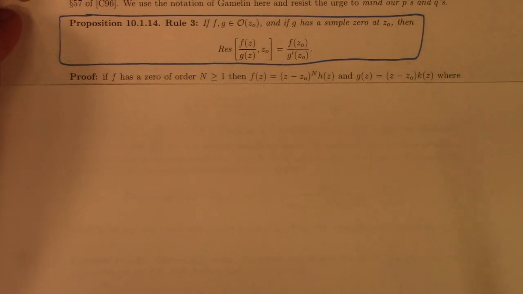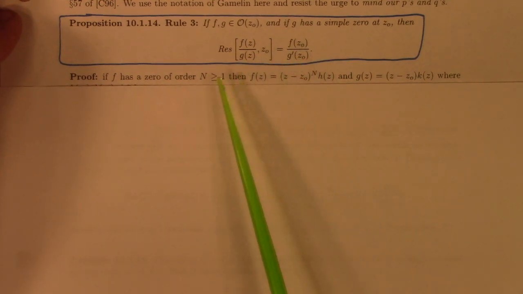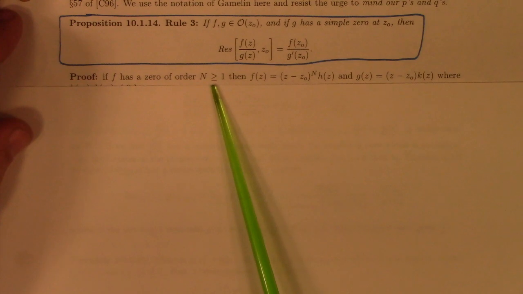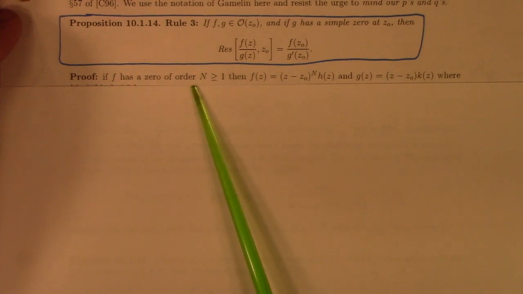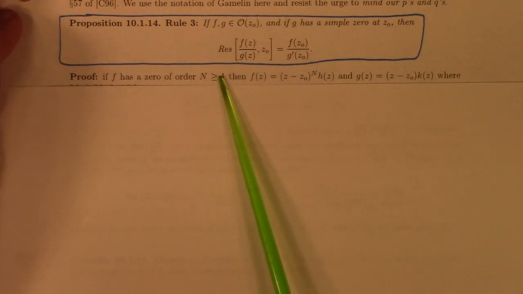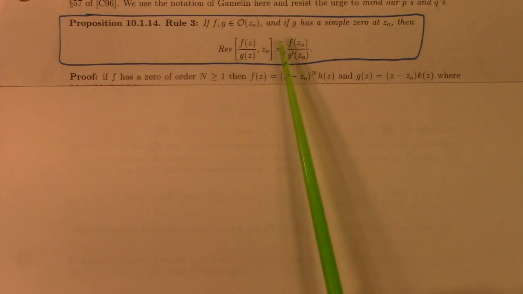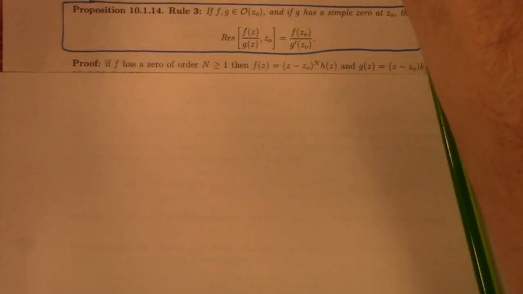So the proof has cases. First of all, the case considered is if F of z has a zero of order n greater than or equal to 1, which is the situation we were just up against in the last example I just did. It's exactly that example. So, I think rule 3 would have done it for us, wouldn't it? I was trying to stop talking about the rules for that example, but it sucked me back in.